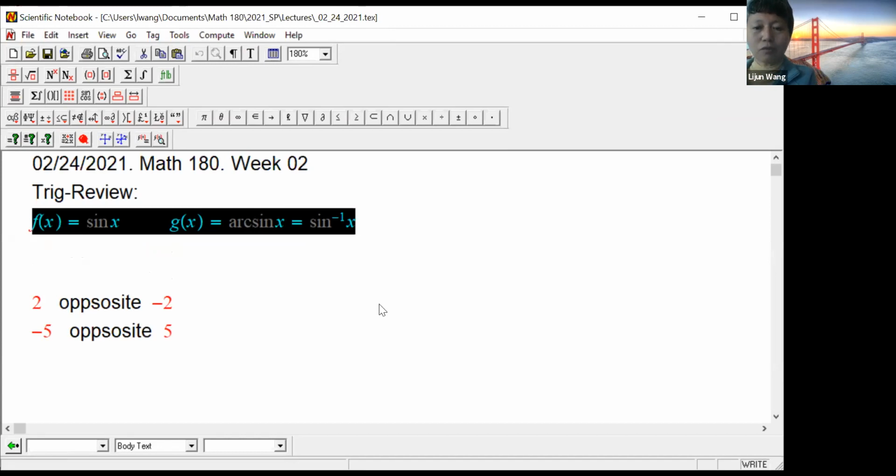We have learned functions like 2 to the power x, and they are inverse functions of each other, right? What are the special features of functions that are inverse to each other? One's domain is the other's range.